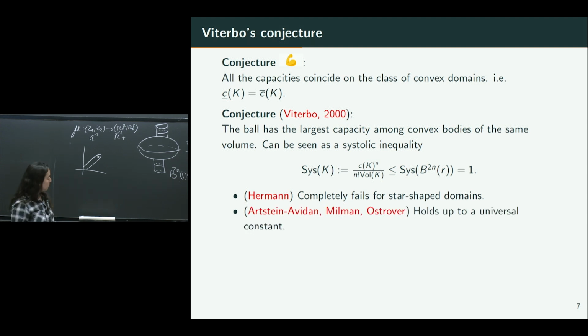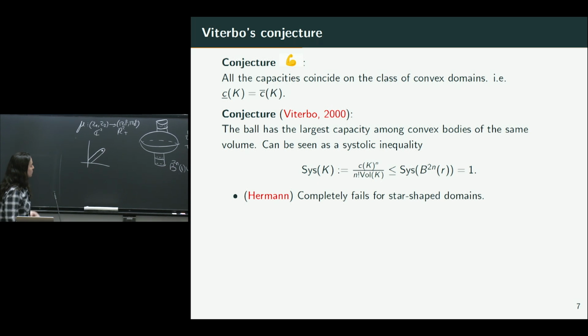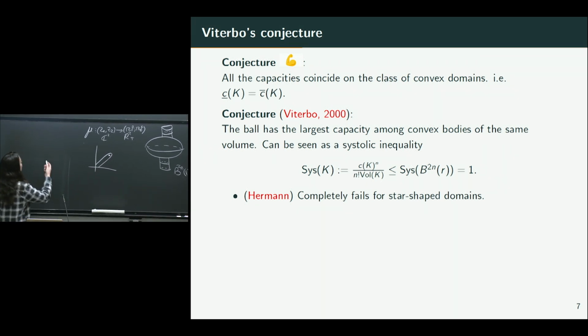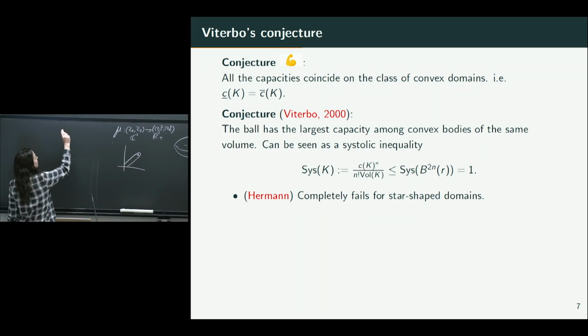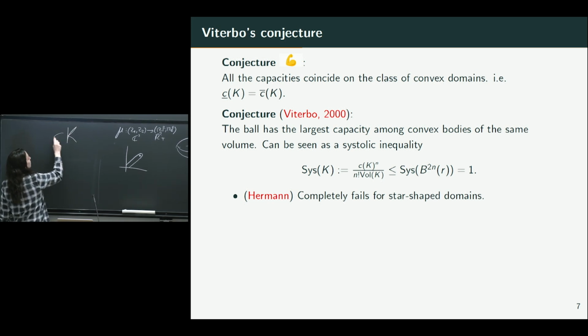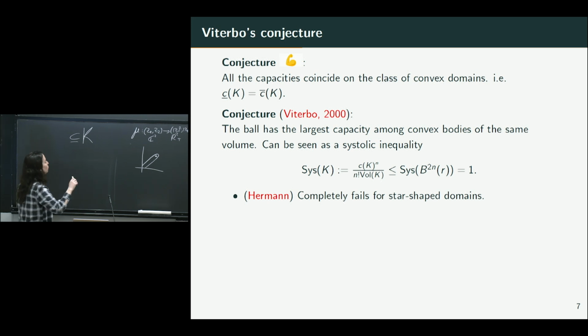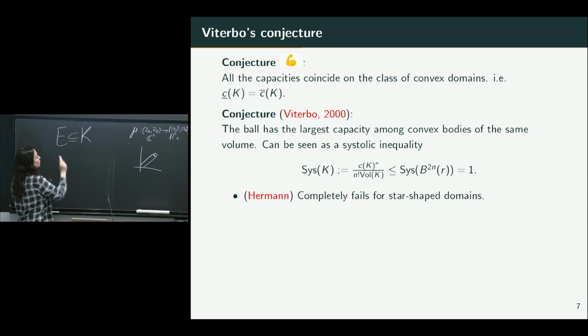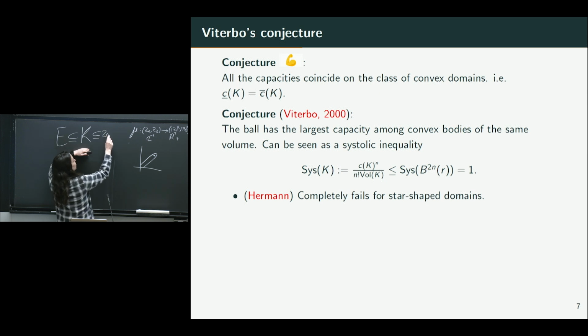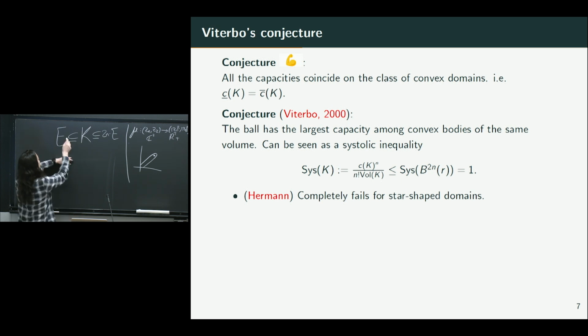Okay, so why does convexity help? I can use the classical John ellipsoids to show that the Viterbo conjecture almost holds. A John ellipsoid would be the largest ellipsoid contained inside the domain K. And it is known that K is contained inside 2n times the ellipsoid, where K is convex in R2n.